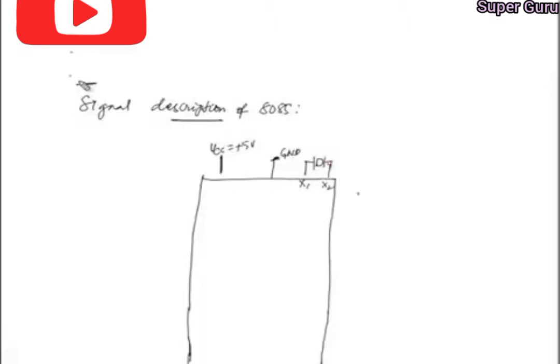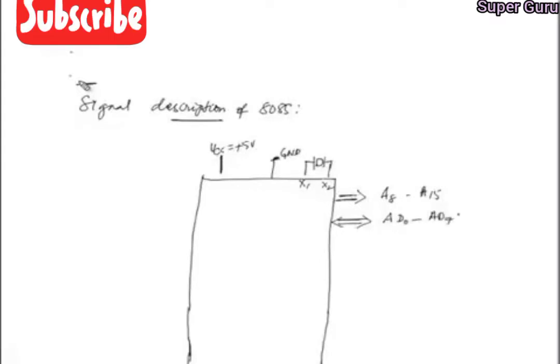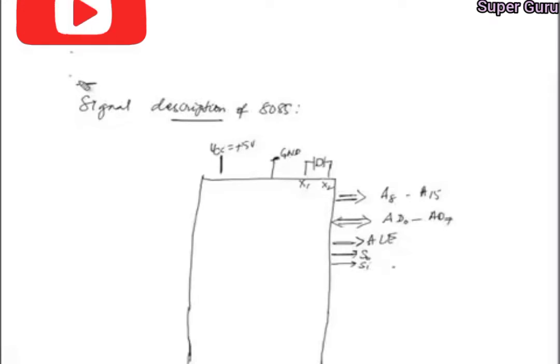Then address bus A8 to A15, then AD0 to AD7, then address latch enable, ALE, then status signals S0, S1, then IO/M. These three are called status signals.